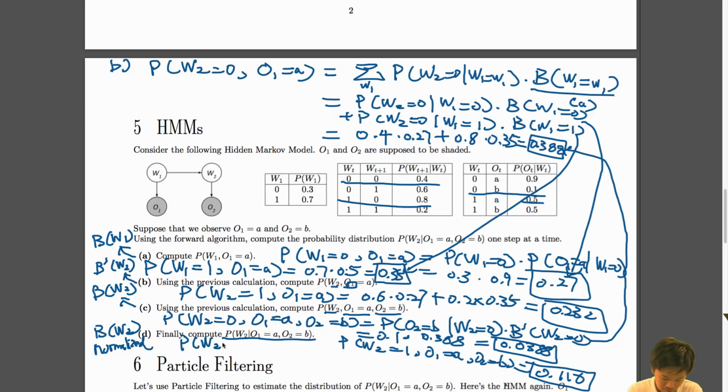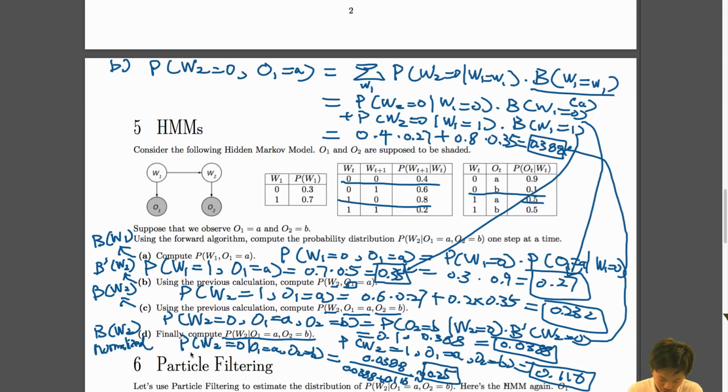So P of W2 equals 0, conditioned on O1 is A and O2 is B, will just be the actual value, which is 0.388, divided by the sum of the two values. And this is going to come out around 0.25.